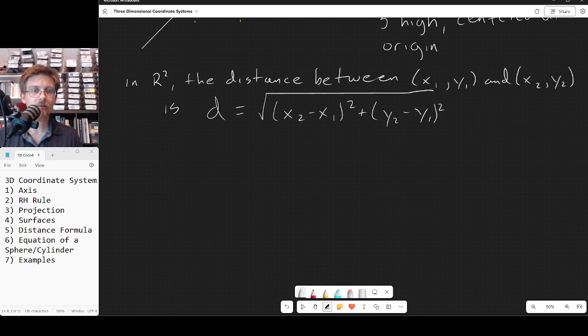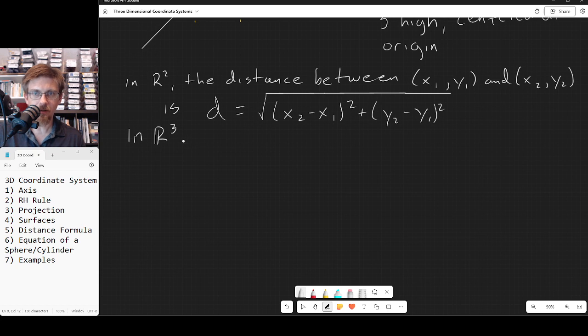Okay, so now how do we expand this out to the third dimension? I'm going to give you the formula. There is a nice little proof that goes along with it, but for the sake of time, we won't worry about that.